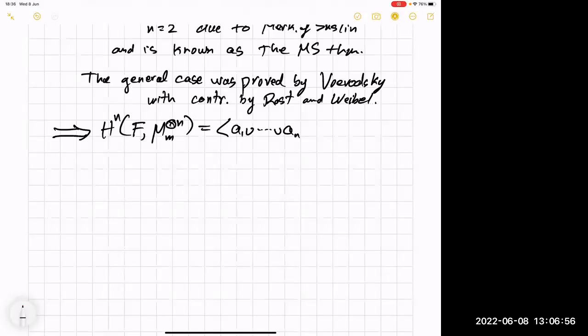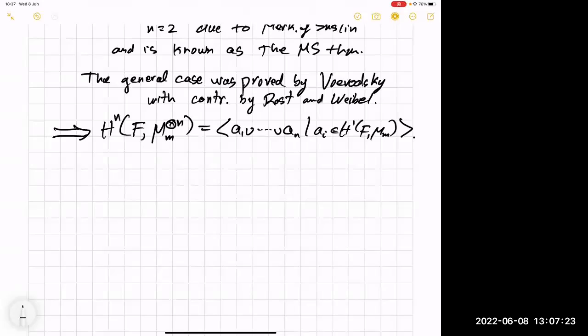These are the most basic elements you can get in H^n(mu_m tensor n), just cup products of n elements from H^1, which in particular means that every element is expressible as a sum of symbols.